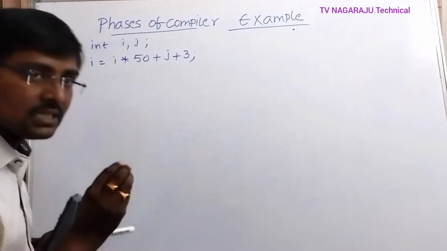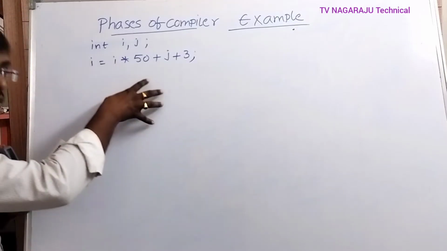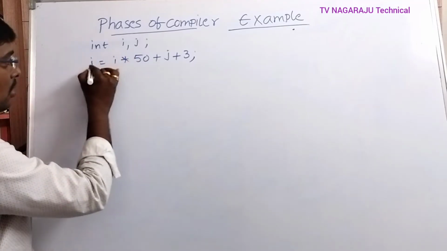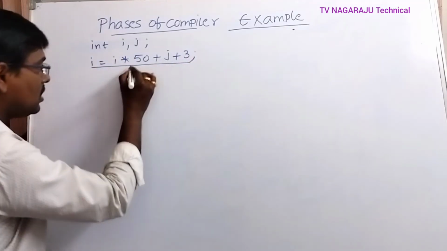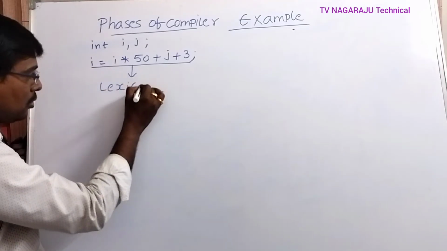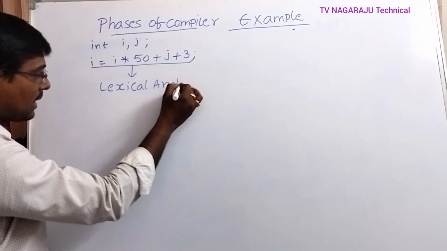Now we will discuss each and every phase. What is the input? What is the output? This is the source program. Now this source program is passed as input to the lexical analyzer.